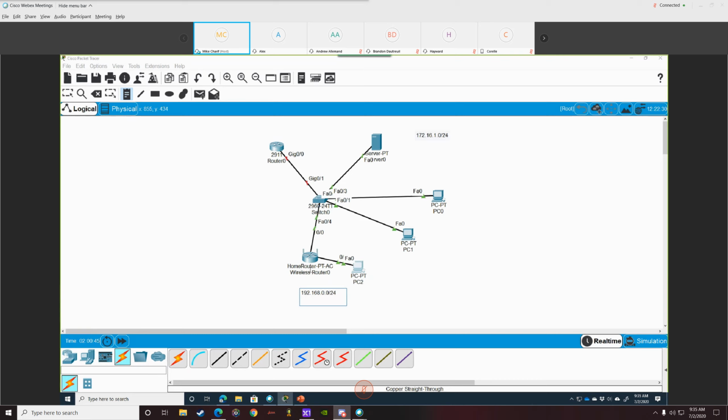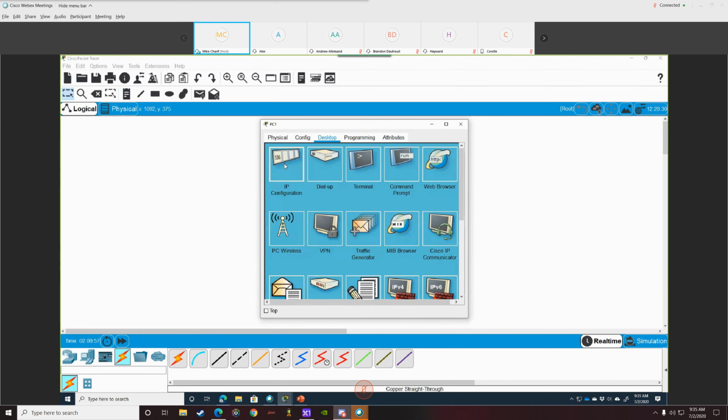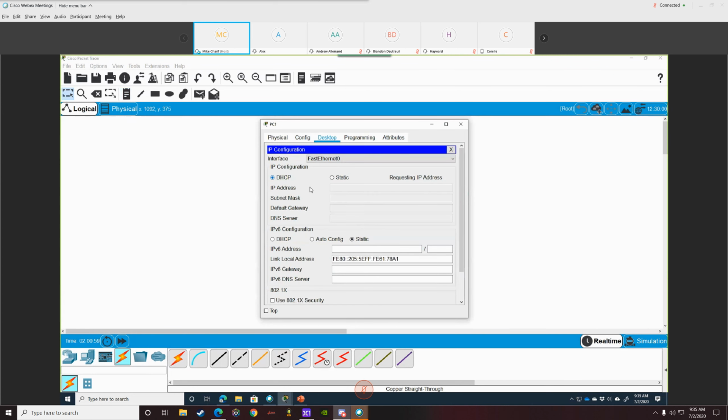After they launch the DHCP starvation, this machine is going to get an IP address from this router. Let's see what kind of IP address they get. If you go to the DHCP server, you're going to have 192.168 something. Okay.